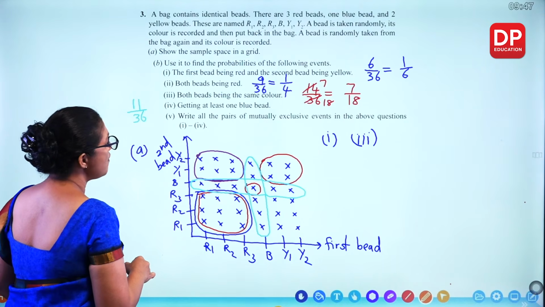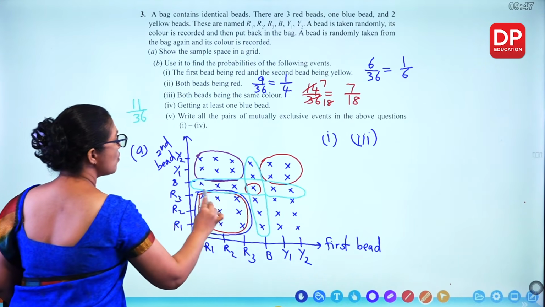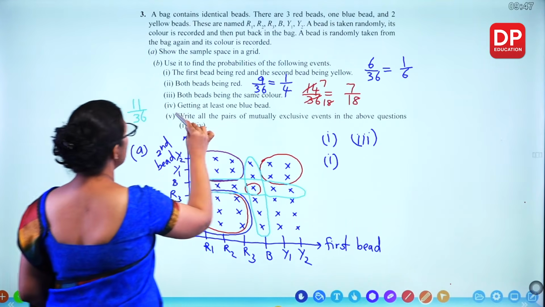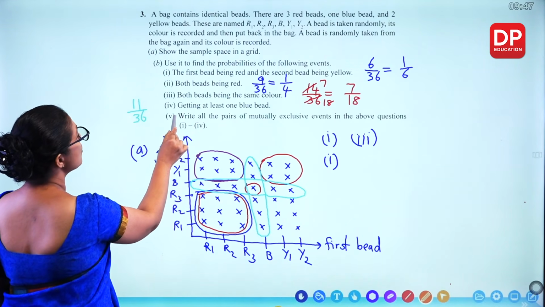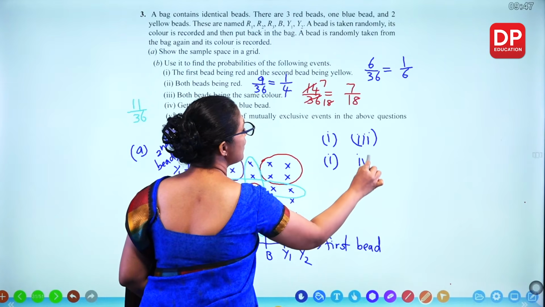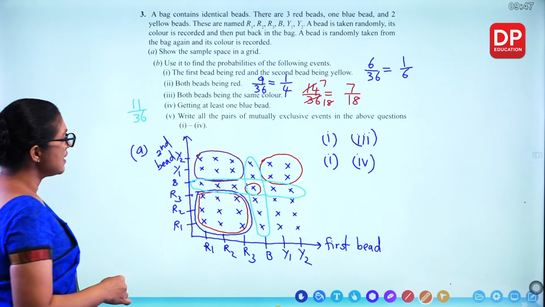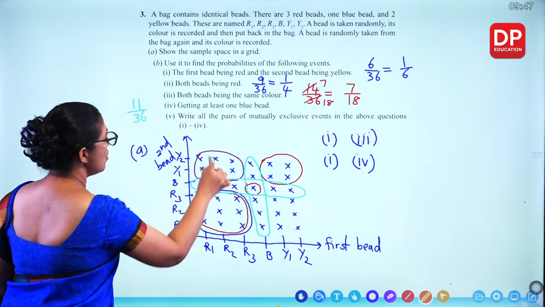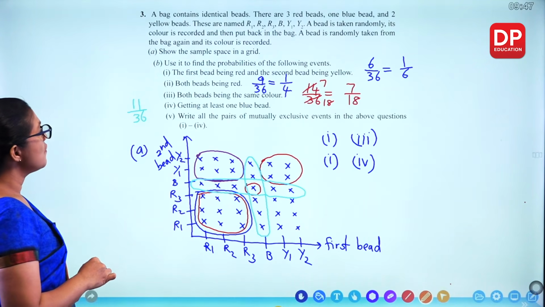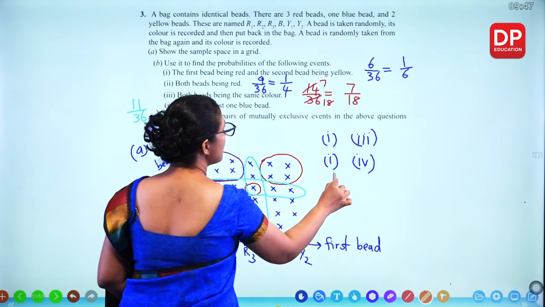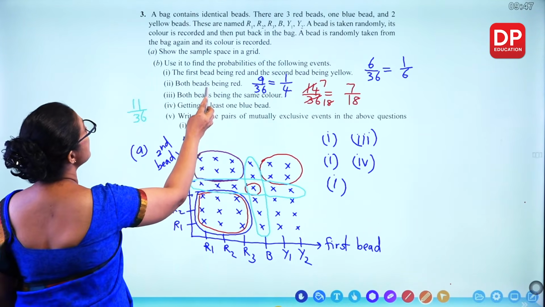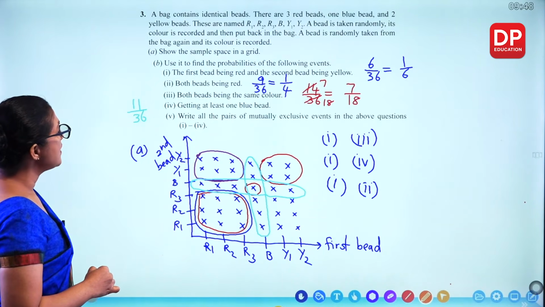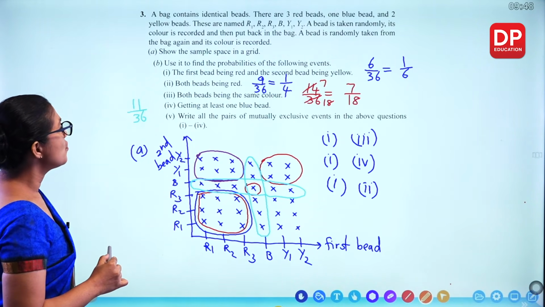And also 1 with this blue color also, there's no intersection. 1 with light blue, we took the fourth one. 1 with 4. What else? And the blue color one. Blue color one is also mutually exclusive with the first one. 1 with blue color one, the second one. And 1, 2, 3, 4.